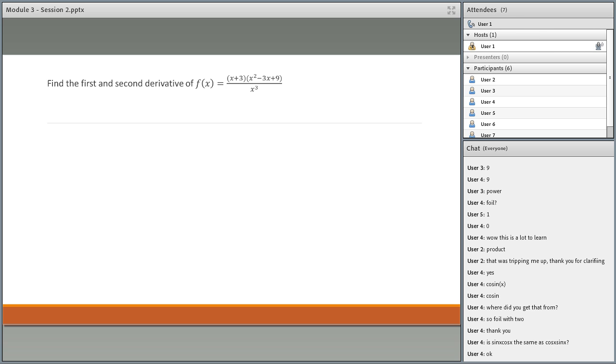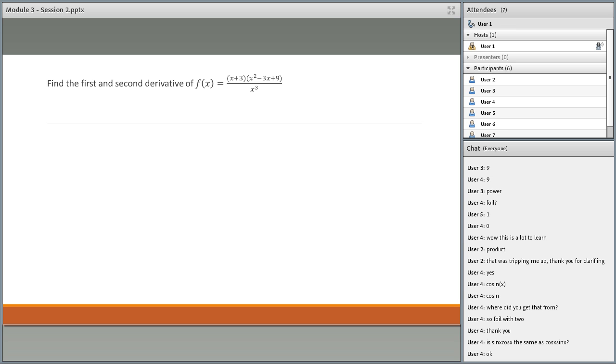The bad news is that we have to find the first and second derivative, and this function looks pretty complex. We've got the product of two functions in the numerator, and we have a quotient. Because the second derivative is the derivative of the first, I'm going to try to simplify this before even taking the derivative.